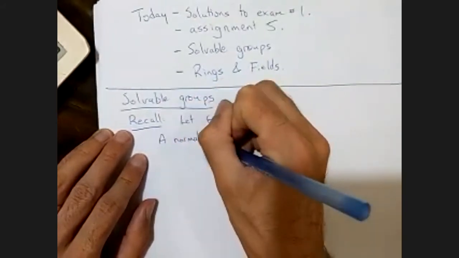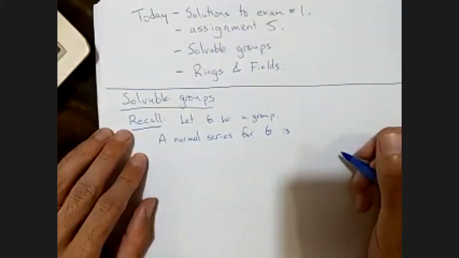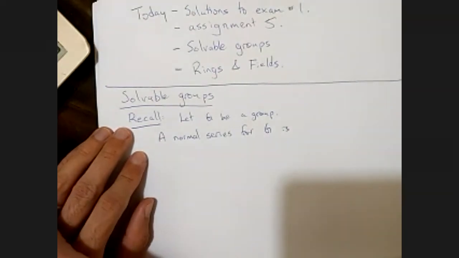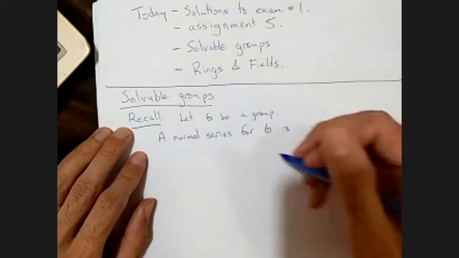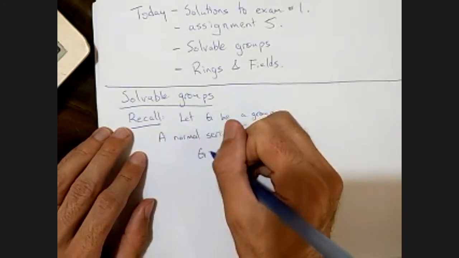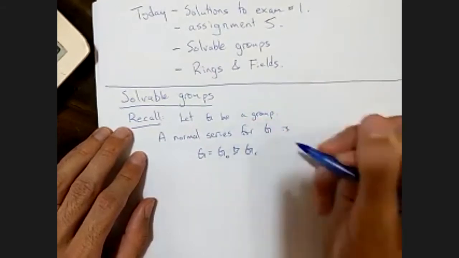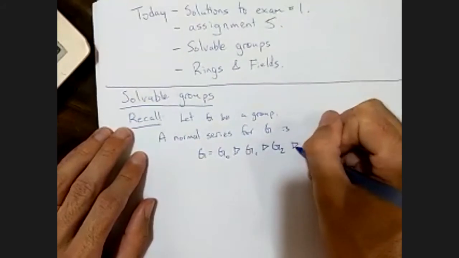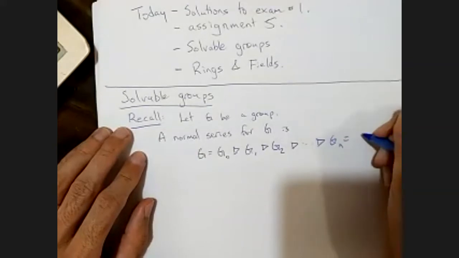A normal series for G is a sequence of subgroups of G, starting at the top with G, and then G1 is normal in G, G2 is normal in G1, and all the way up to Gn, which is the trivial group.